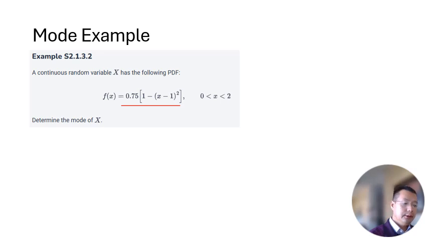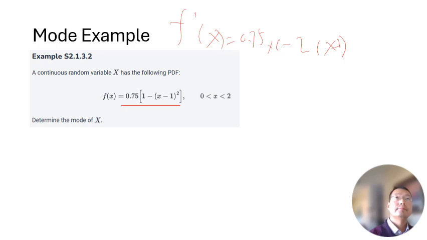So from what we learned earlier, to determine the mode of f(x), you will first have to calculate the first derivative of f(x), which I know is 0.75 times (1 will be 0, so nothing there) times negative 2(x minus 1), so it would be 0.5, put it to the front, (x minus 1).